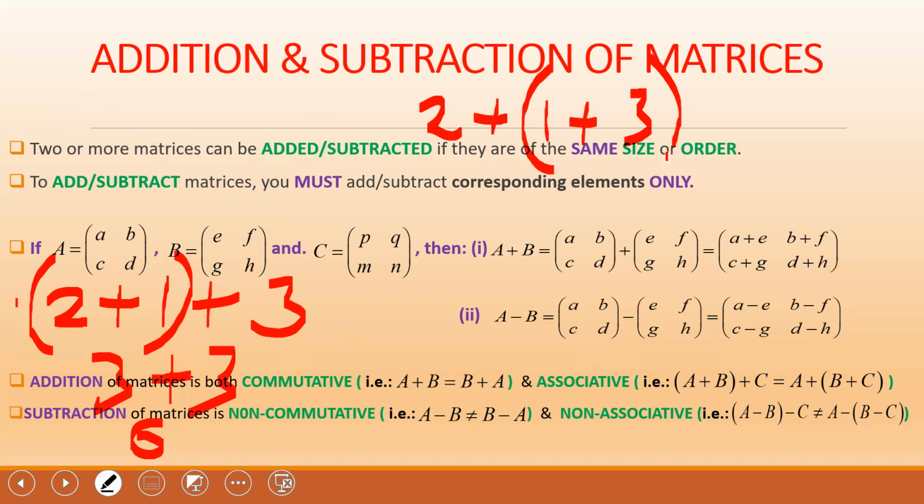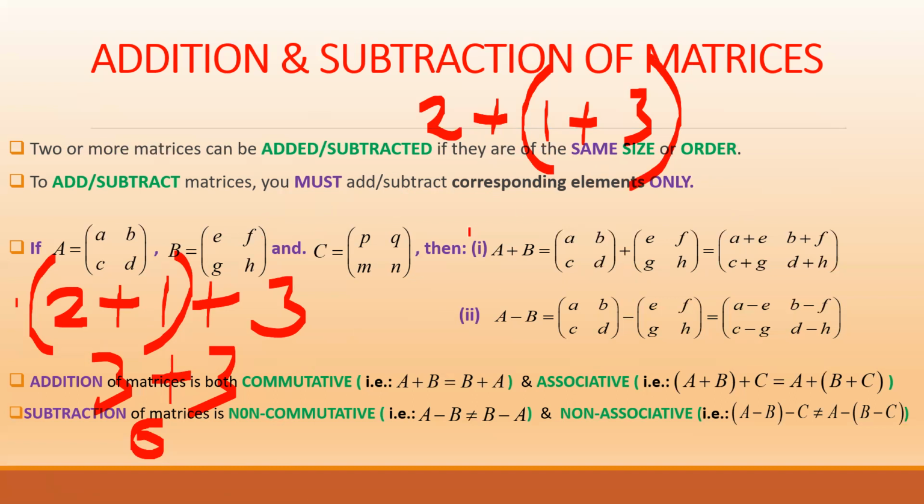If these two problems turn out to be equal, it means that addition would be associative. So how do you do associative, guys? Three numbers, group the first two, work it out. Use back those three numbers, group the last two, work it out. And if you get the same result, it means that addition is associative in the real number world, okay?